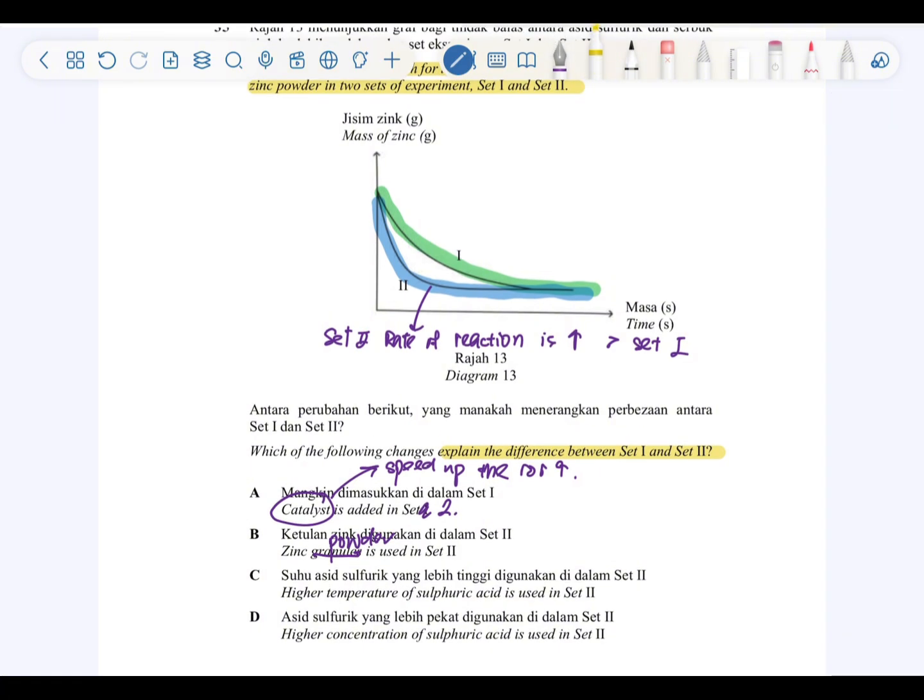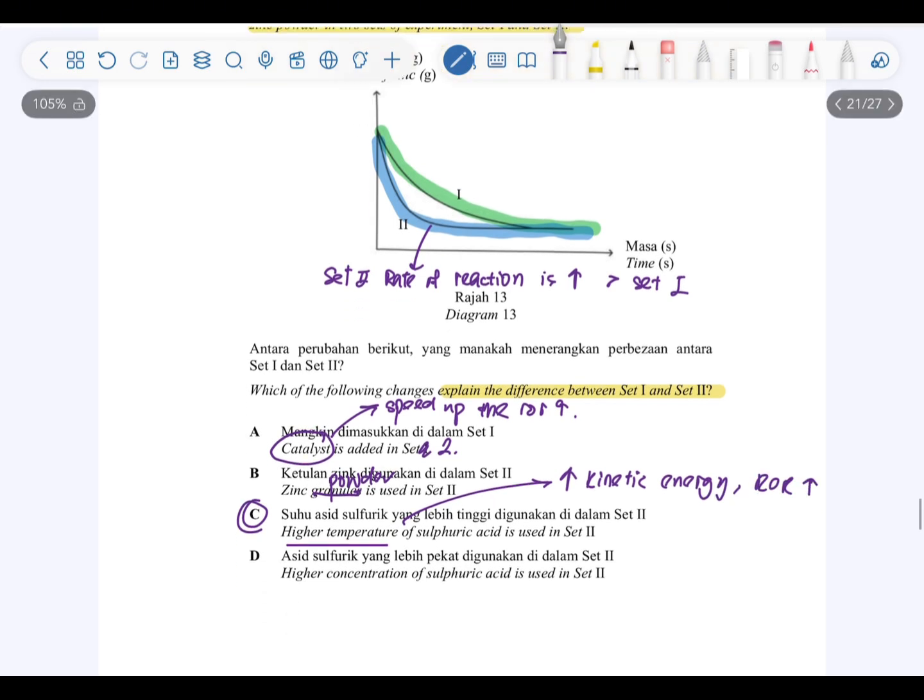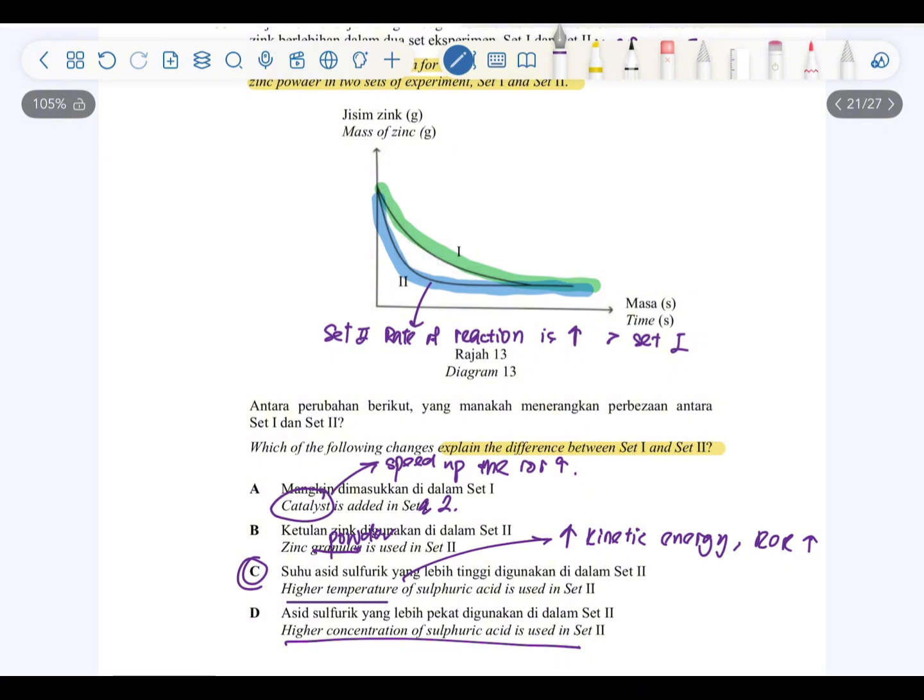And then C, a higher temperature of sulfuric acid is used in set 2. The answer is C, because higher temperature means more kinetic energy, so the rate of reaction will also increase. And then D, a higher concentration of sulfuric acid is used in set 2.